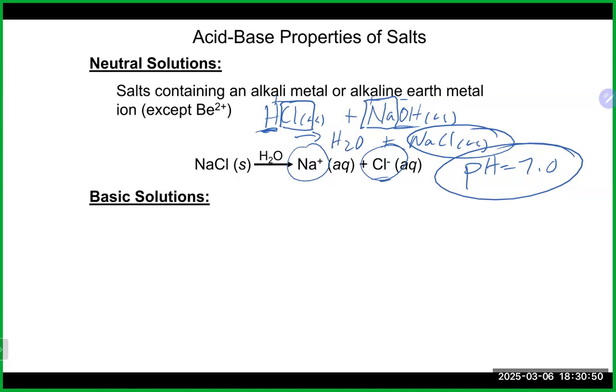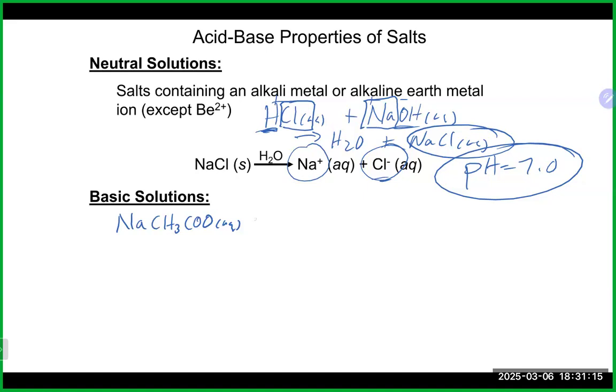Now, we can have basic salts, and let's just say you got some sodium acetate. That seems like a fun one there. So you have sodium acetate, and when you have a salt solution, what you want to really think about is what are the two ions that make up this salt?